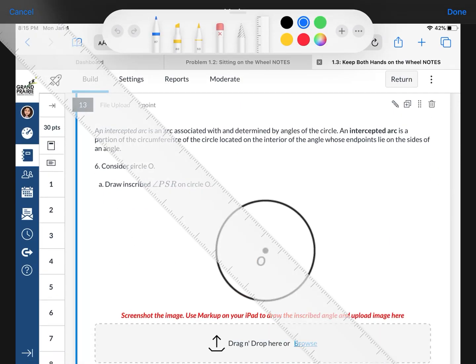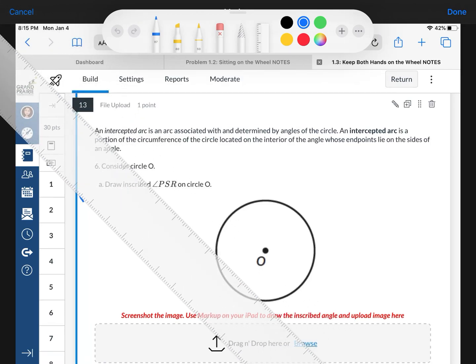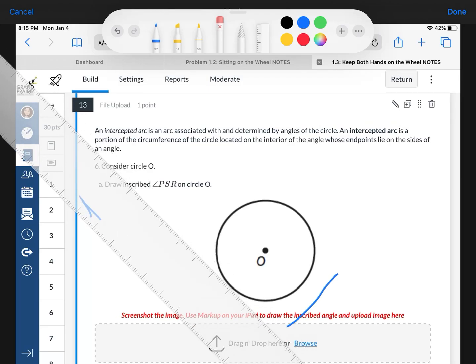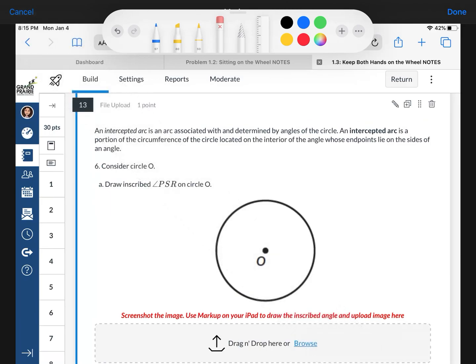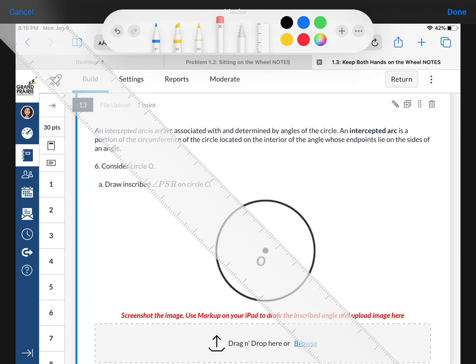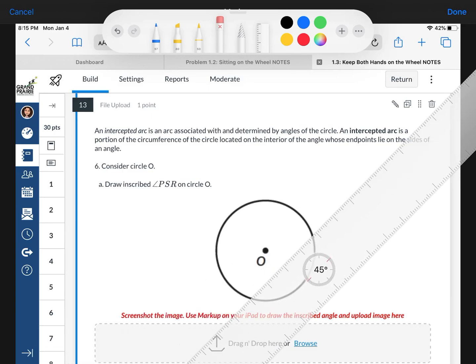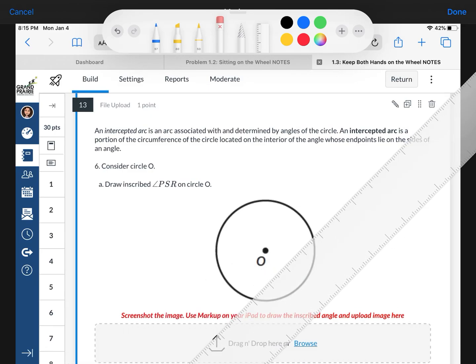Remember, an inscribed angle has its vertex on... Let me make sure that my ruler is working. So an inscribed angle is an angle that has its vertex on the circle, like so.